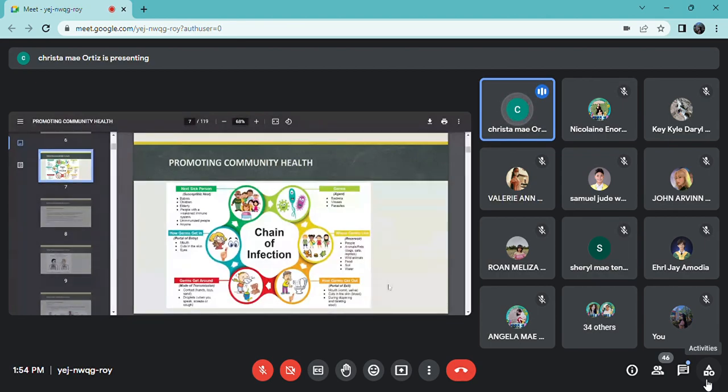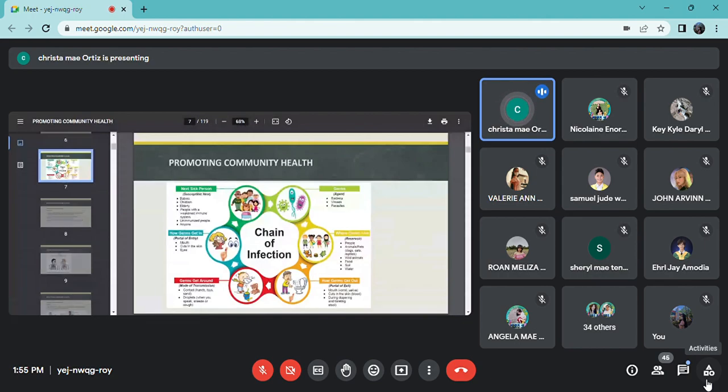Halimbawa, nasugatan yung person na positive siya with this kind of virus or bacteria, nasugatan siya at lumabas yung dugo. So, infectious yung blood niya. Yung portal niya, during diapering and toileting, stool. Kapag halimbawa, accidentally na-touch, pwede doon na yun na yung portal of exit nila. So, sa stool siya ng mga specimen.